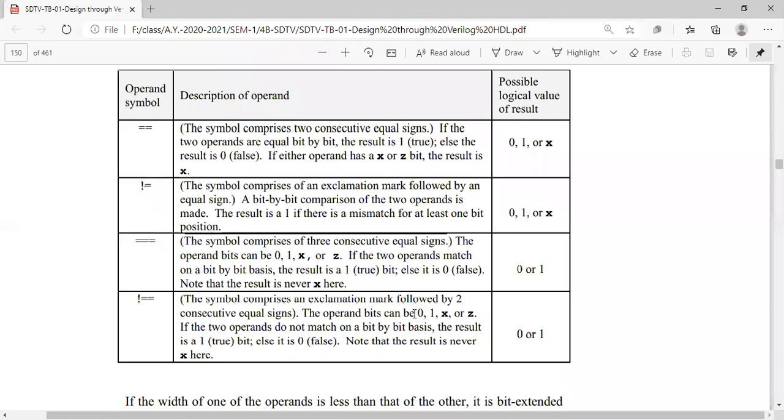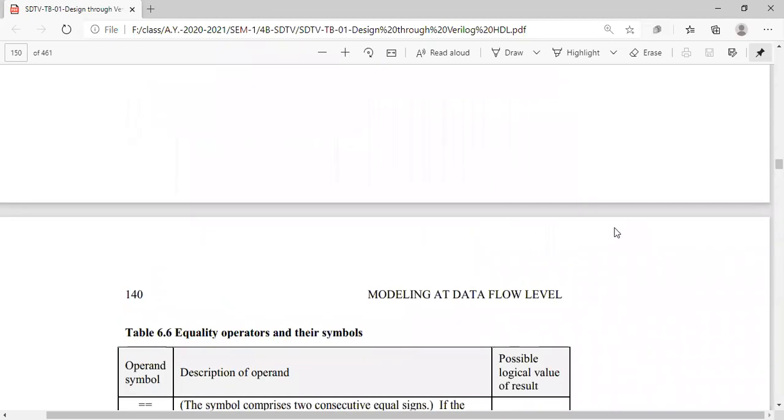It is now allowed to compare X with X, or X with Z, Z with Z, or X with some other value. Here also we are not leaving our output as Z. So my output should be only 0 or 1 bits. That's the difference.